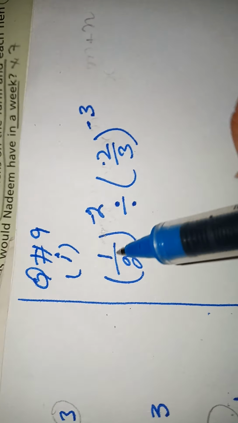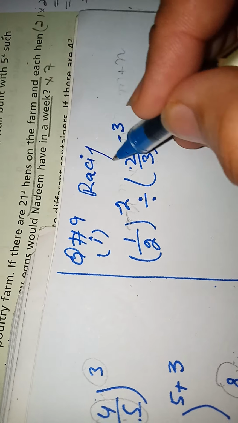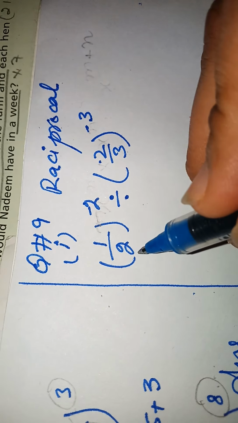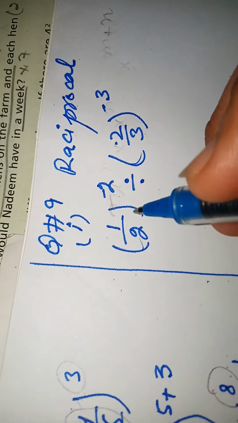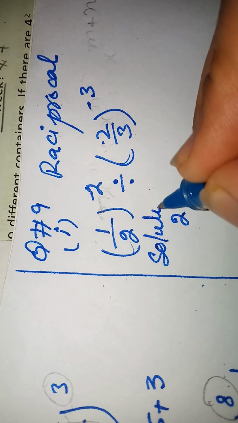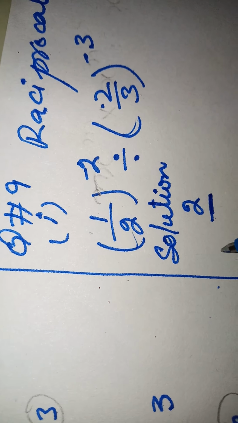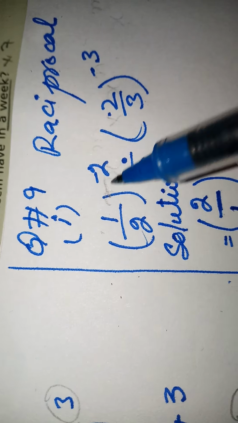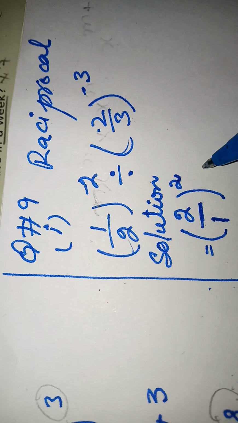Here you can see 1 raised to power 2, and here we have to find the reciprocal. As I told you how to find out the reciprocal, in reciprocal we will reverse the fraction. 2 raised to power 3, we will write it, we are going to take the reciprocal of 2 raised to 1 by 2, it will become 2 by 1, and it has power minus 2, and it will become only 2.